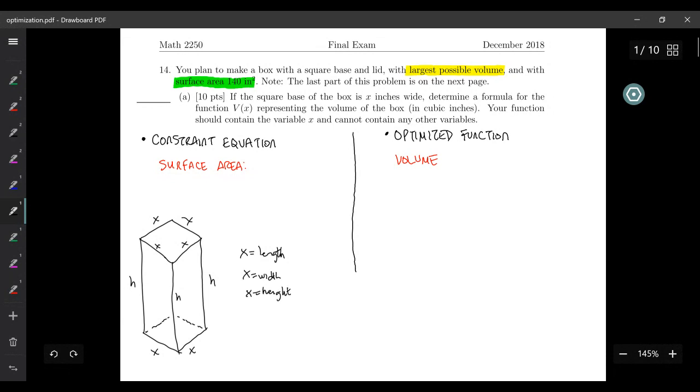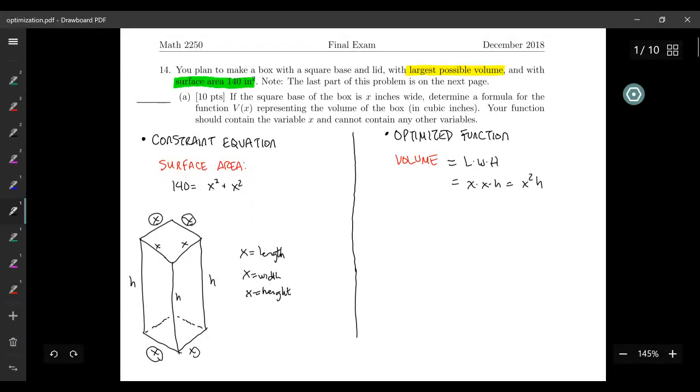Okay. So now in this case, volume, which is length times width times height, will be x squared times h. And then the surface area, which they said was 140, will be the area of the top plus the area of the bottom.